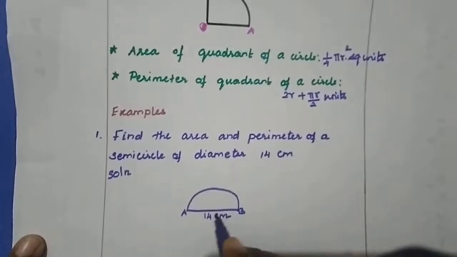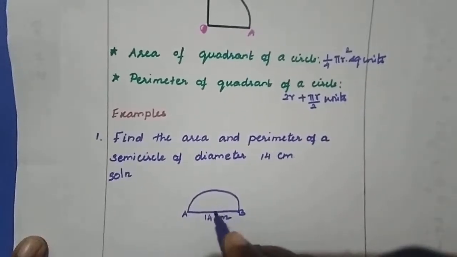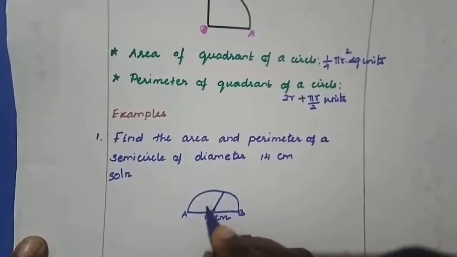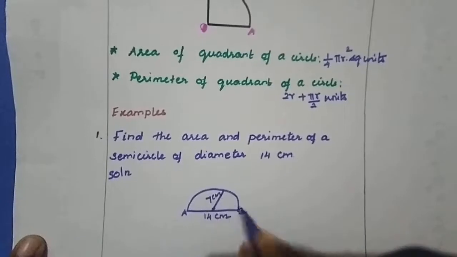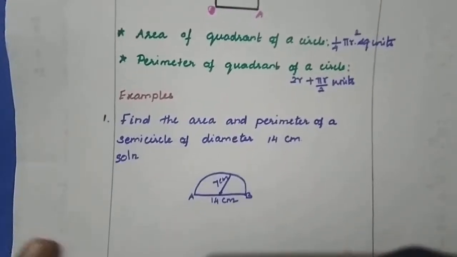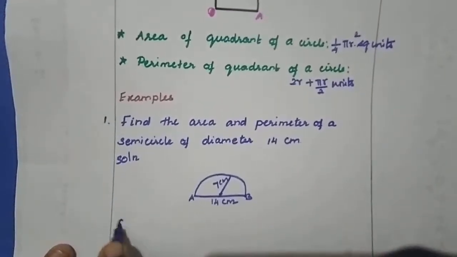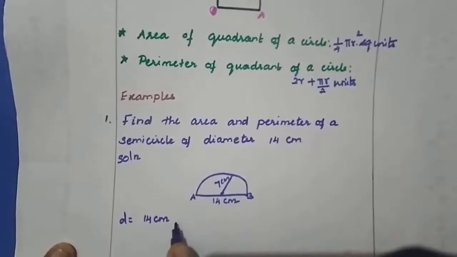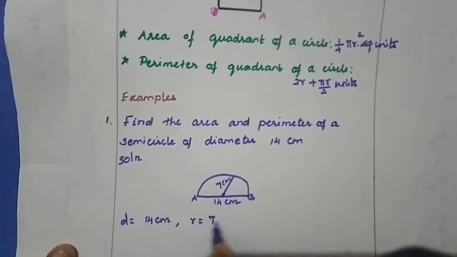So if the diameter is 14 centimeter, what about its radius? Yes, half of the diameter is called the radius. So the radius is half of 14 is 7 centimeter. The diameter is given as 14 centimeter. So from this we can find r is equal to 7 centimeter.